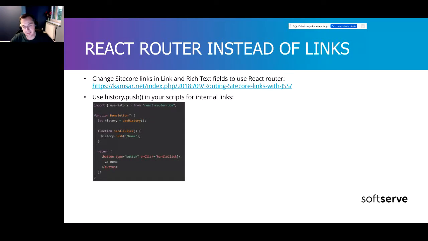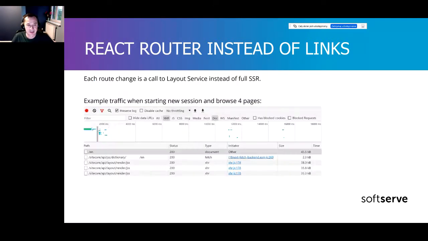And if you want to use it in your custom JavaScript code, it's very simple. You can just use the history API and use history.push to move to other pages.